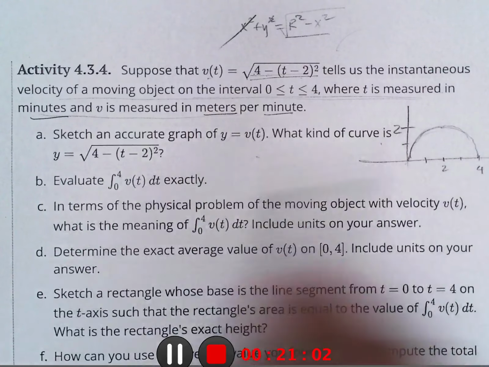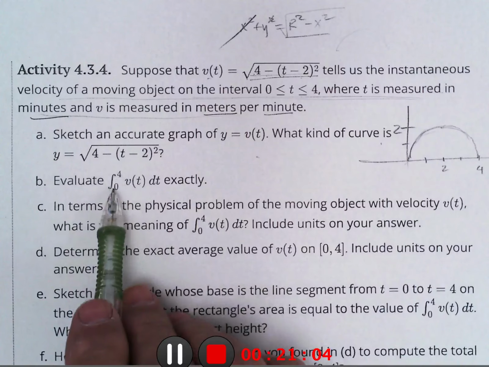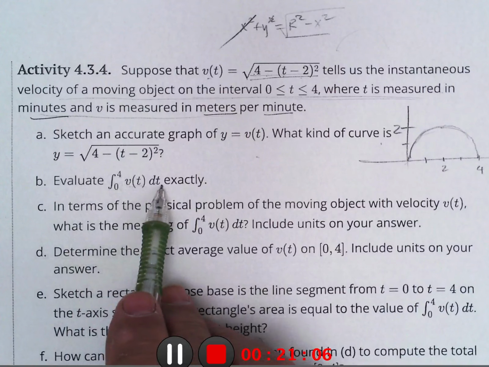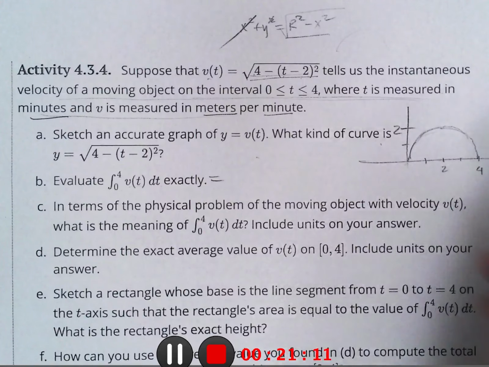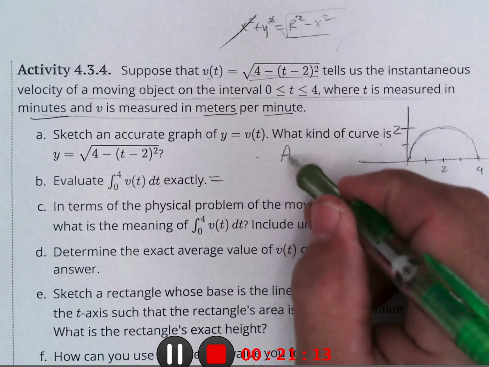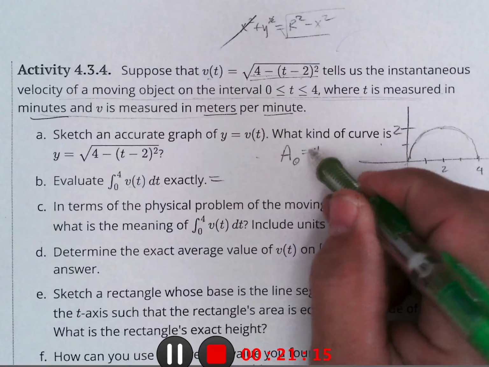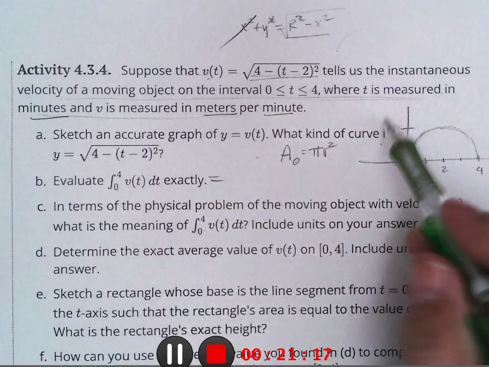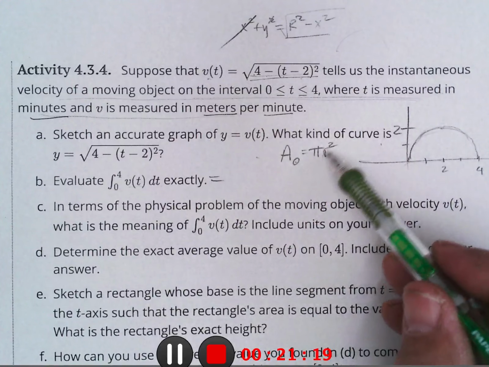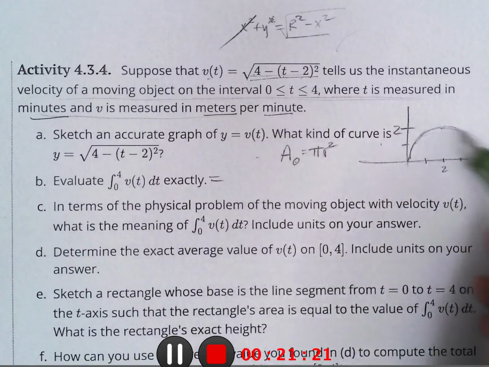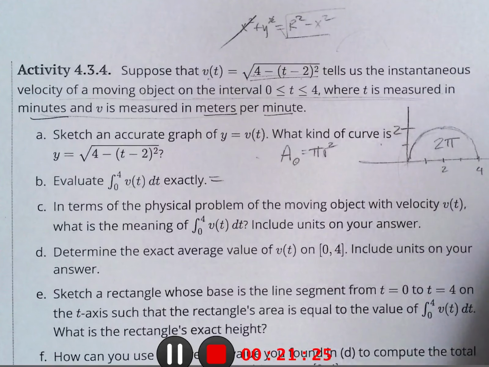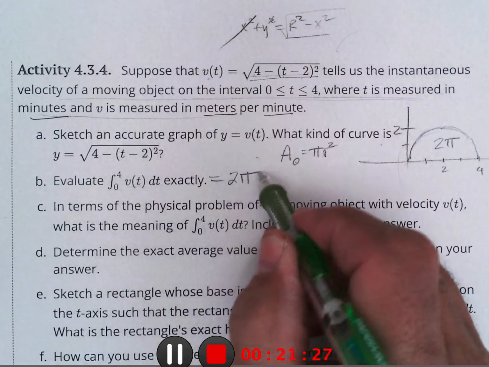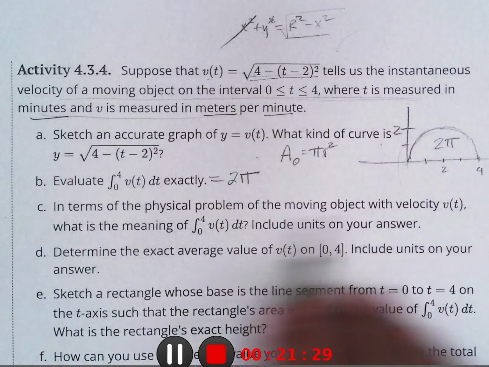Evaluate the area from 0 to 4 on the velocity curve. Exactly. Well, half a circle, let's see. Area of the circle is pi r squared, and since the radius is 2, 2 squared is 4 pi. The whole circle would be 4 pi, so this is 2 pi. And what does this mean in terms of the object moving? Include your units.